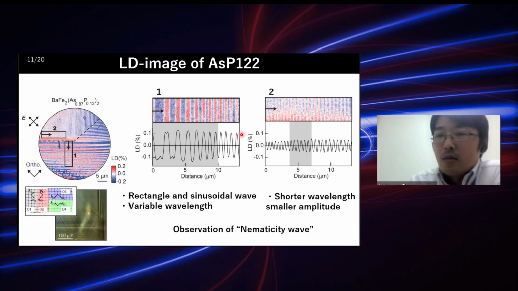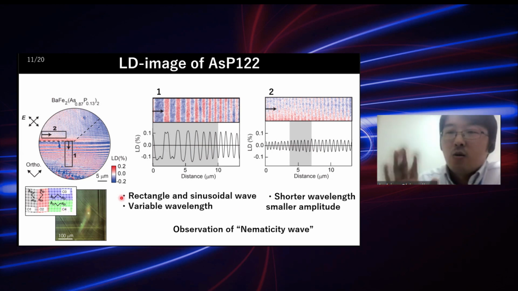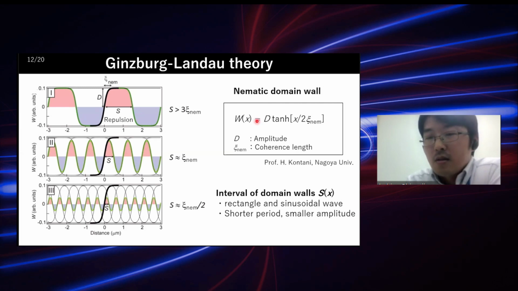But now we note that this nematicity wave is much smaller than the orthorhombic domains. So now we would like to consider the domain structure just for the electrons. That is a nematic domain wall picture. According to the Ginzburg-Landau theory, the nematic domain wall can be expressed by this formula.